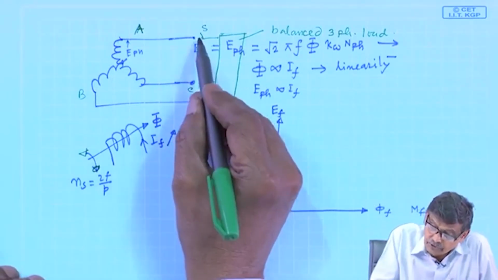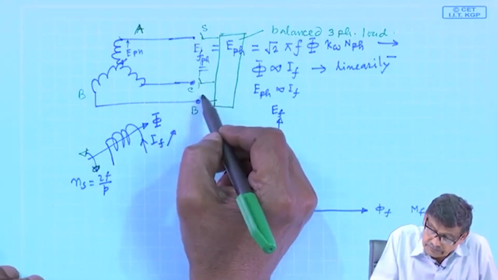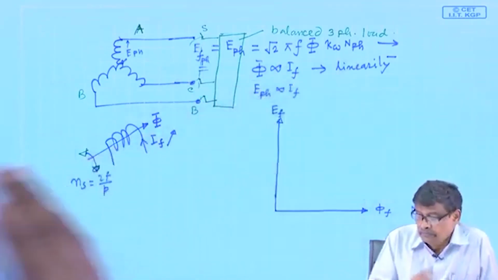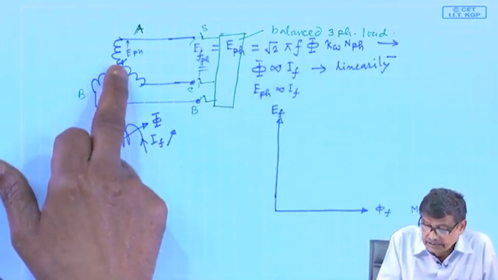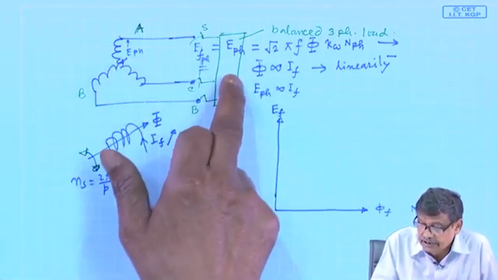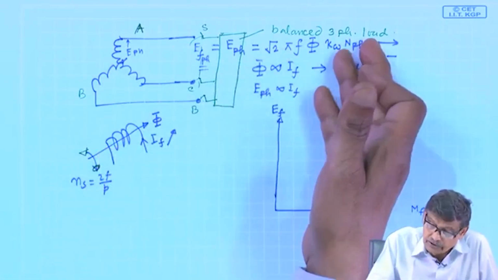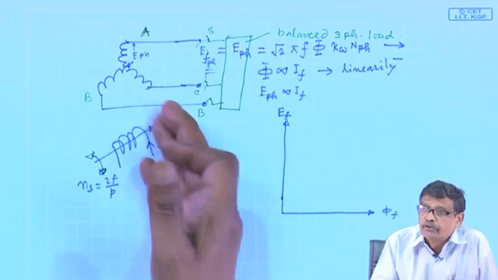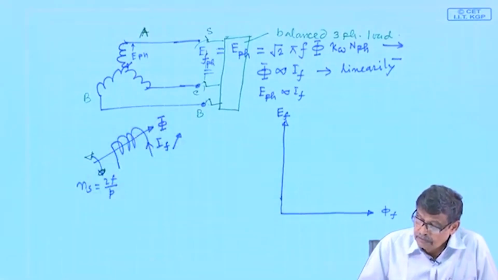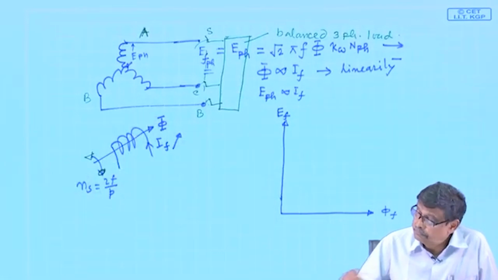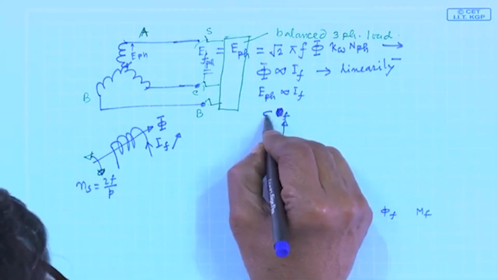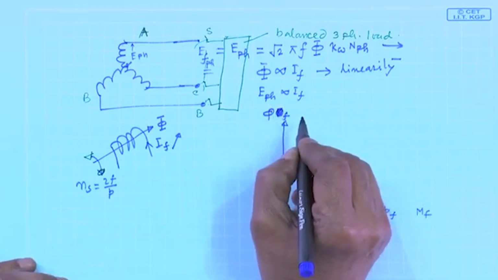Now if I close this switch, we see that there is an induced voltage and we have connected a balanced load, and therefore I expect some currents will be flowing. I have made a mistake here. This is phi f, is it not?